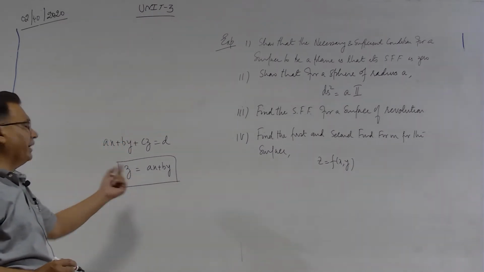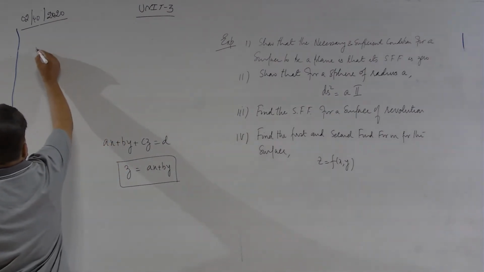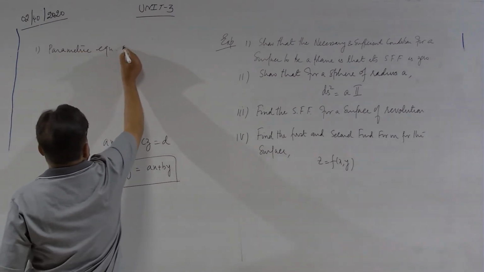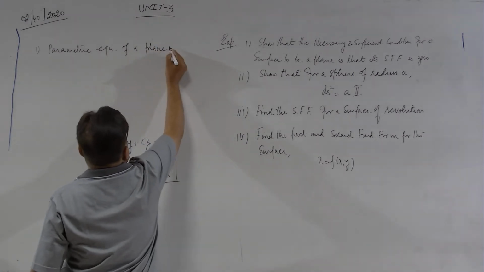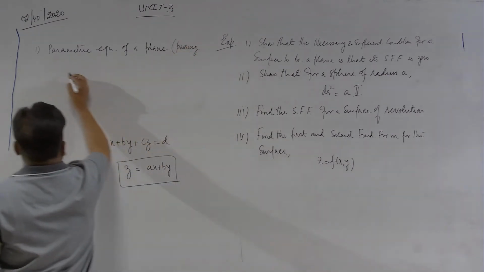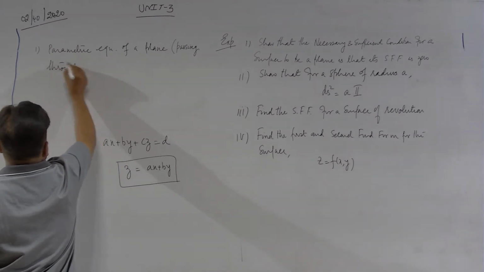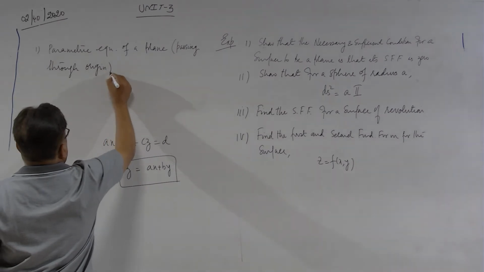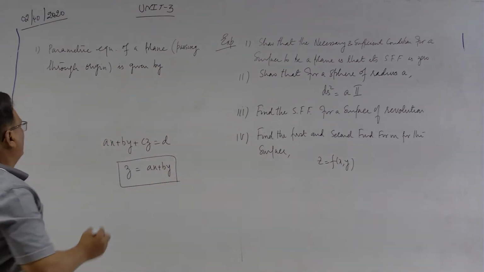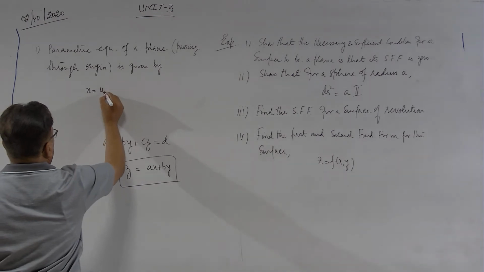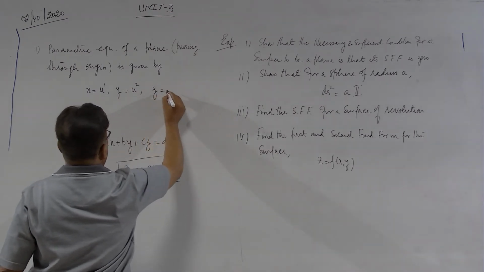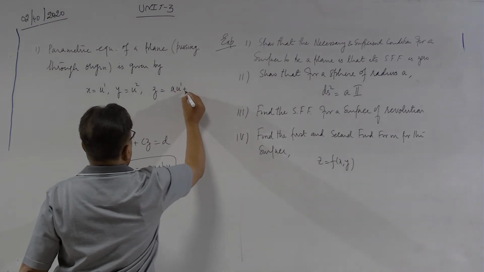So, I want the parametric equation. The parametric equation of a plane passing through the origin is given by x you can take as u1, y you can take as u2, and z you can take as a u1 plus b u2.